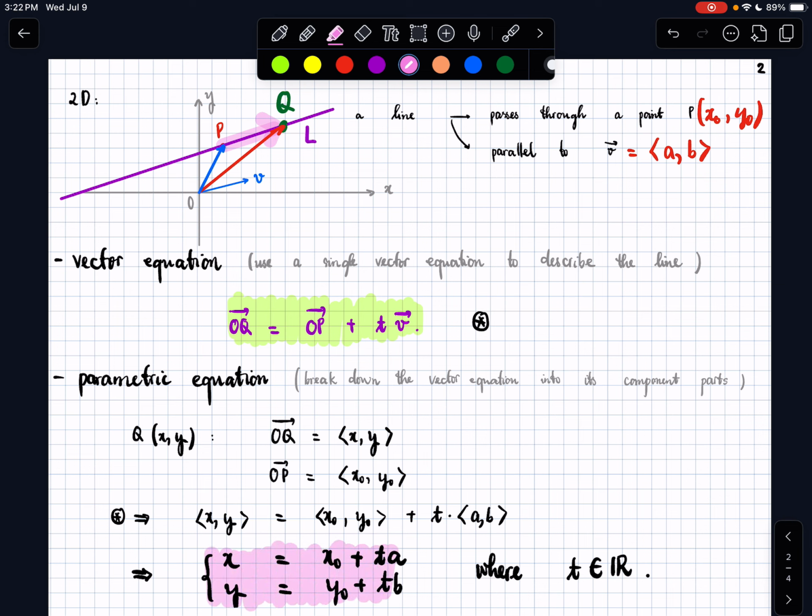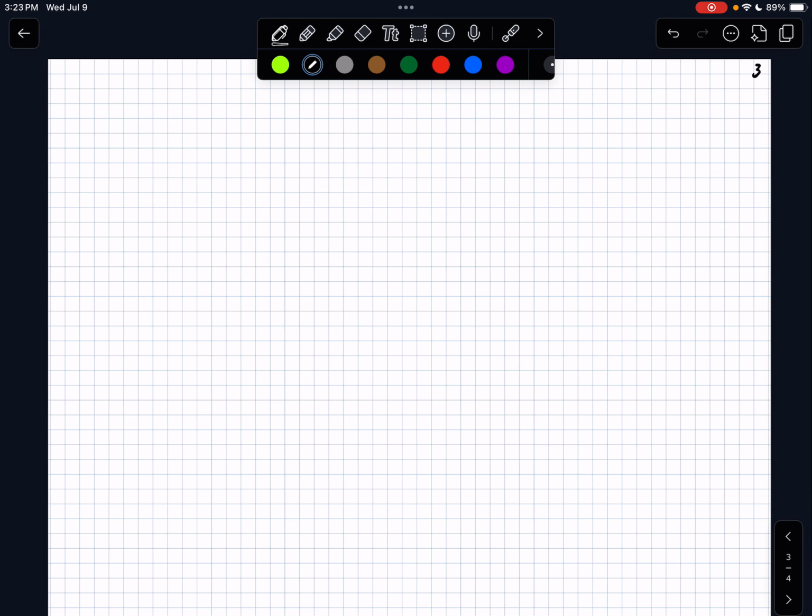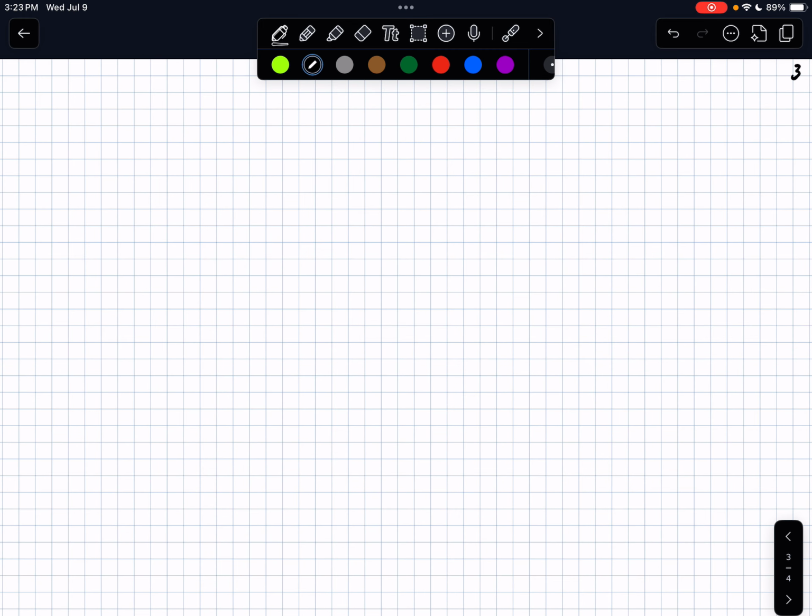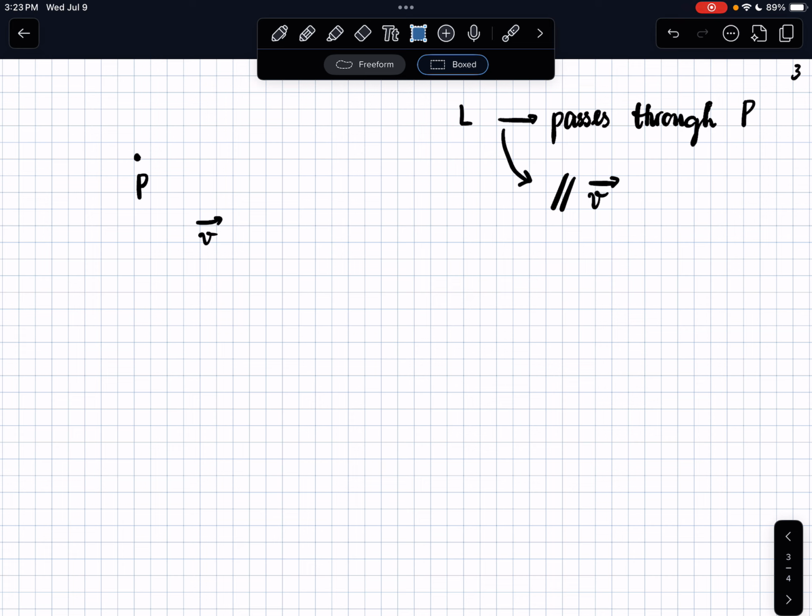Of the line L. And we can do the same for the three-dimensional case. For the three-dimensional case, if we have a point P and a vector V, a line L passes through P and L is parallel to V. Say for example our vector V is here.